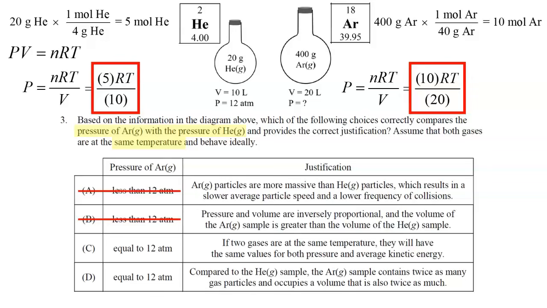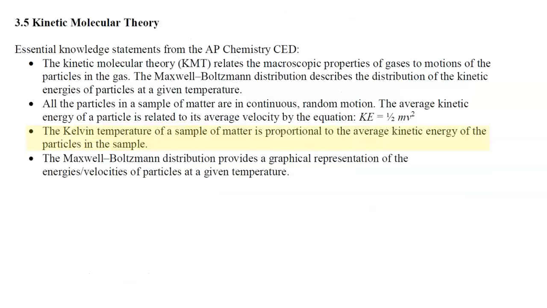It says if two gases are at the same temperature, they will have the same values for both pressure and average kinetic energy. So this reminds me of topic 3.5 in the AP Chemistry course and exam description. So this essential knowledge statement that is highlighted on this slide says, the Kelvin temperature of a sample of matter is proportional to the average kinetic energy of the particles in that sample.